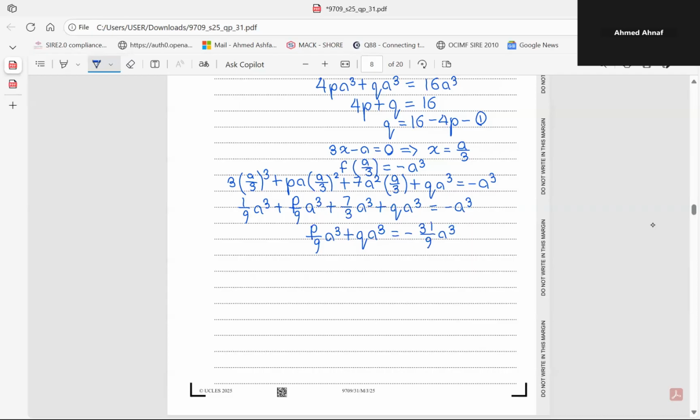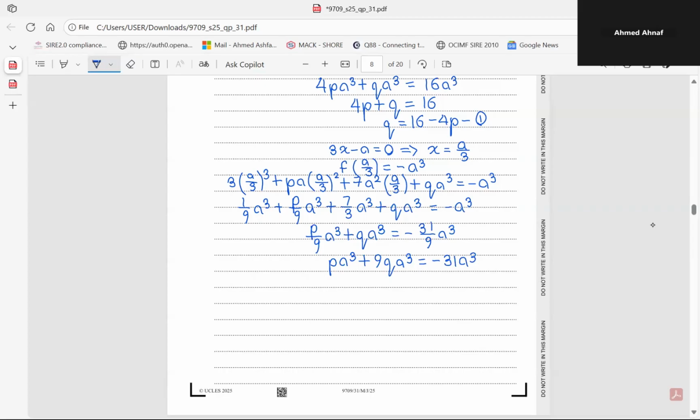Okay, so to make this simpler, let's just multiply everything by 9 to get rid of the denominator. So this would just be pa cubed plus 9qa cubed equals minus 31a cubed.